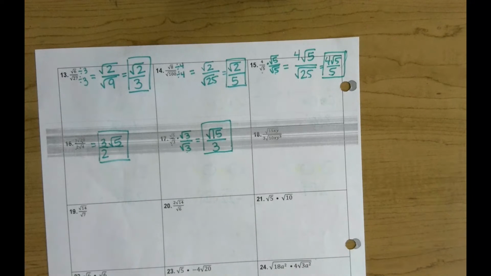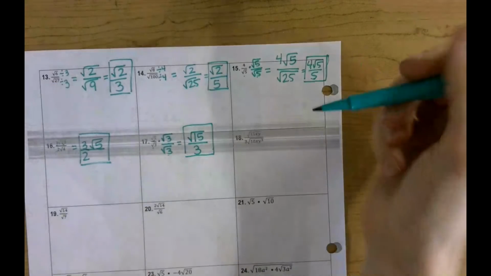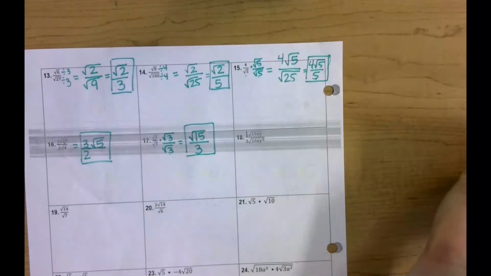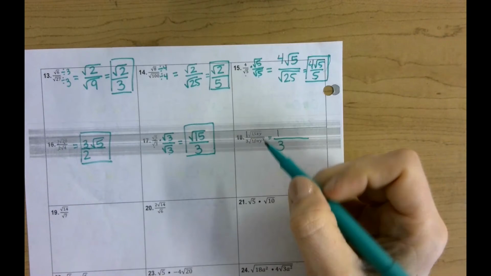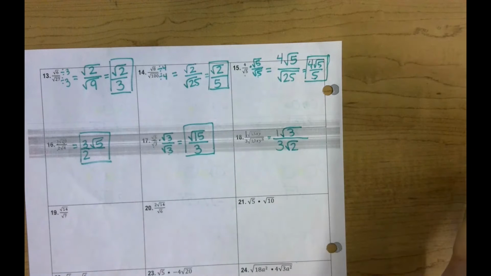All right, going over to number 18. So again, there's like an invisible 1 in front of here. 1 divided by 3, that's going to stay 1/3. Then divide both sides by 5. So to simplify that further, 15 over 10 is 3 halves.